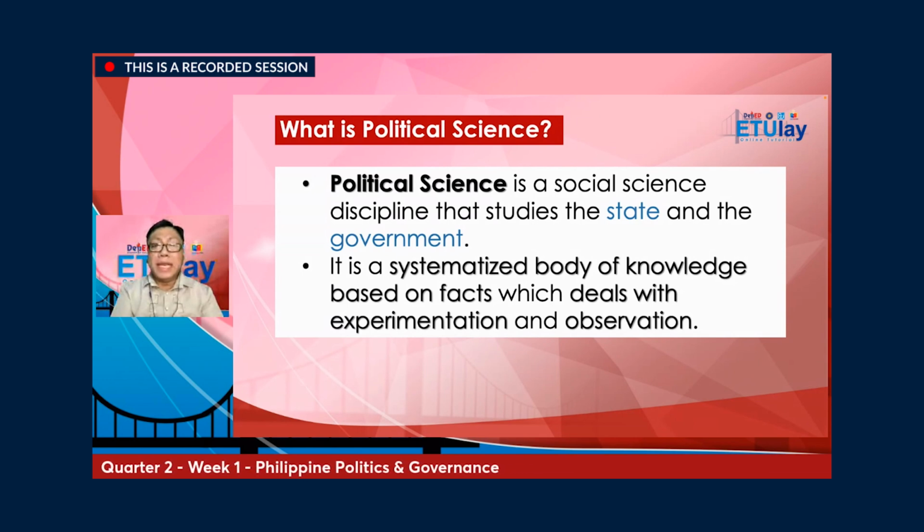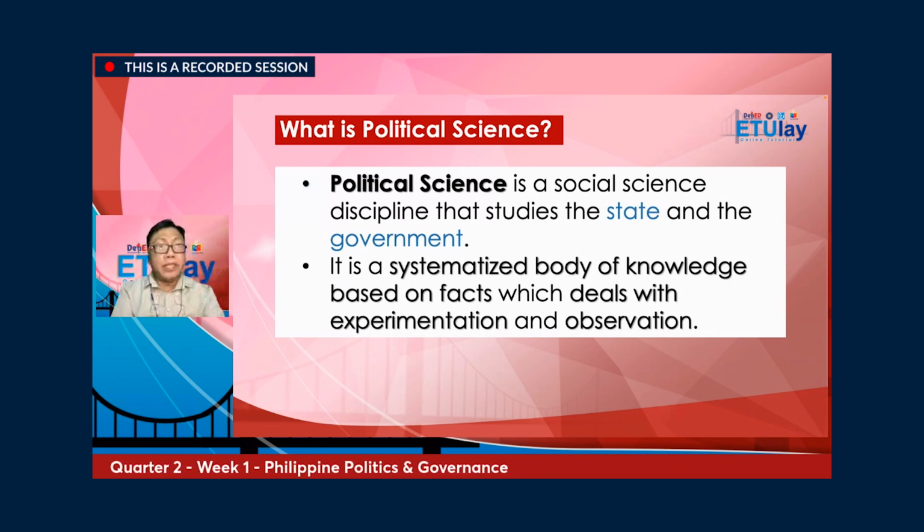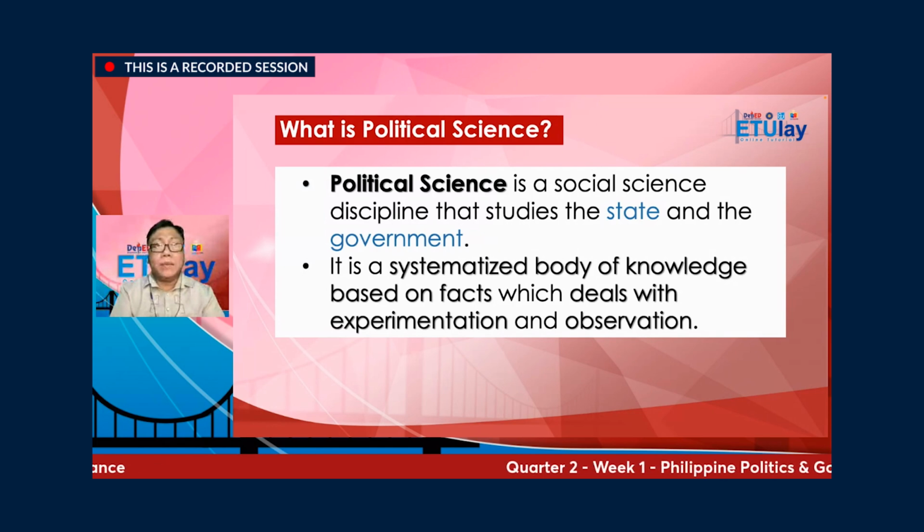So by the meaning itself, political science as a science has to follow a systematic body of knowledge. So this means factual. These are based on observation, but not just observation. This observation must have a kind of scientific process.